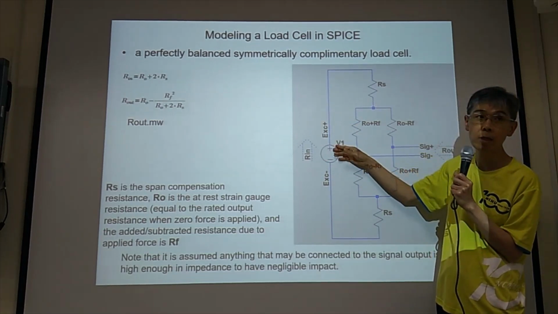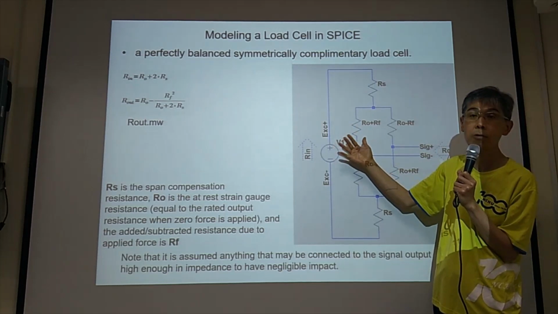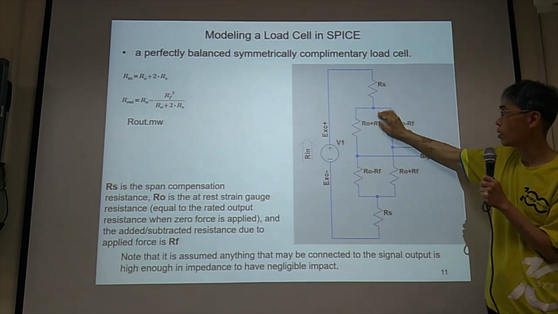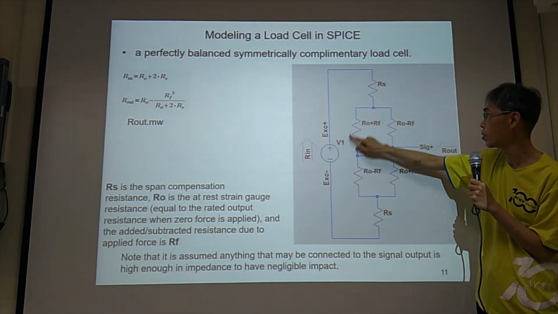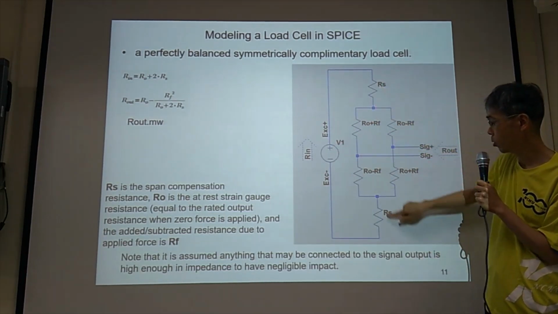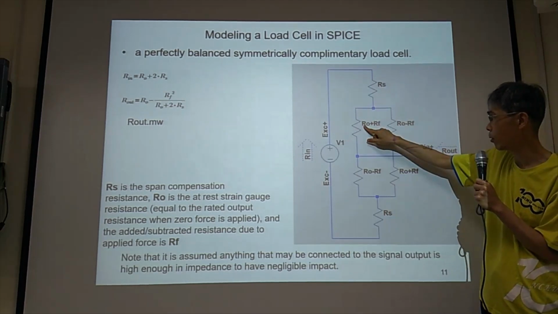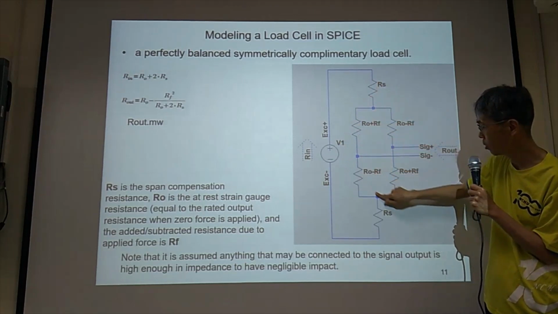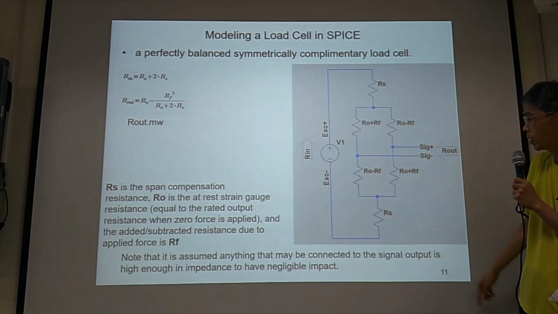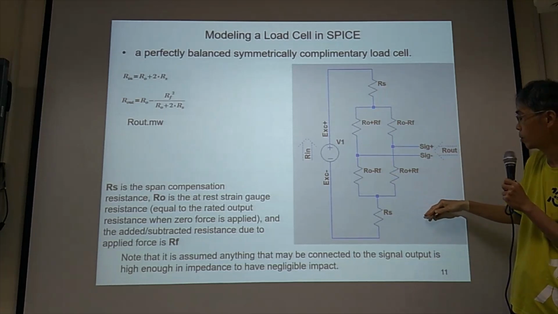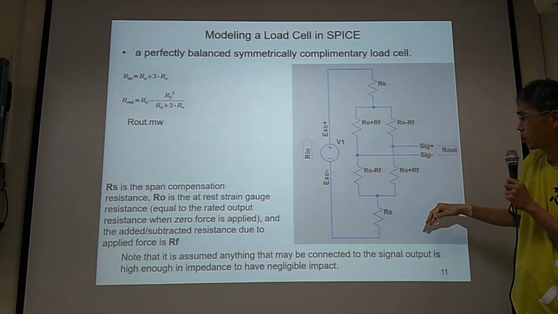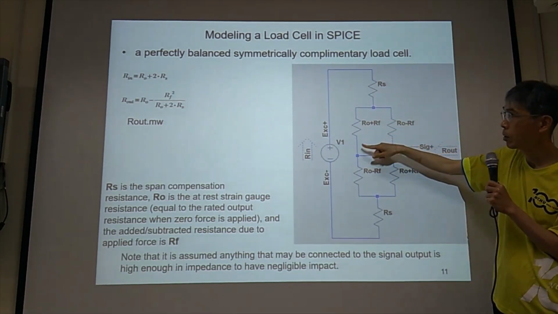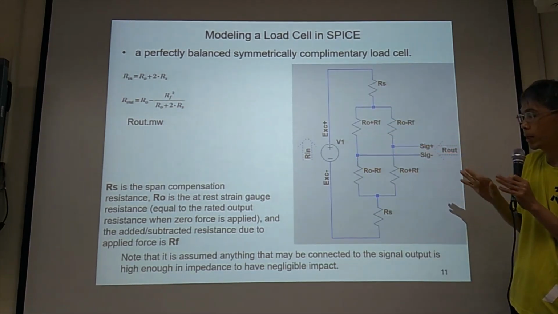Vt divided by It is your input resistance. But you can also look at this circuit. The input signal, we have two Rs, and we have Ro. So if you look inside, you can do the math.